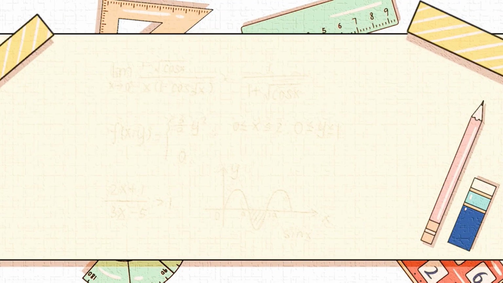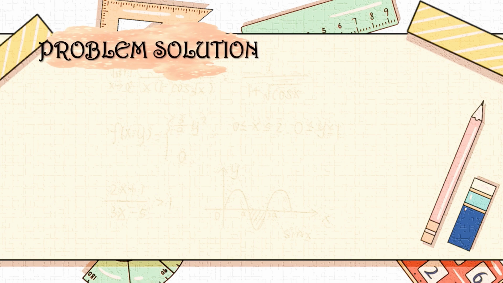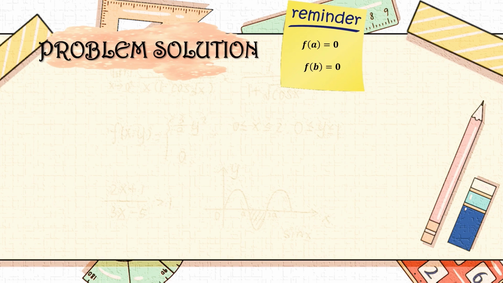Let's go to the first step to solve the problem. But before that, a reminder for everyone: for Rolle's theorem, the values of f(a) and f(b) will equal 0.